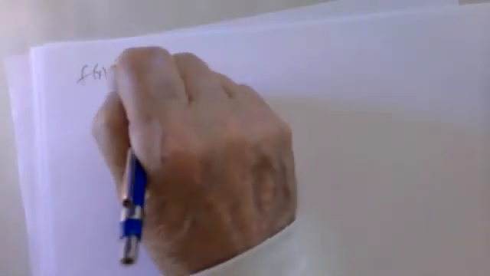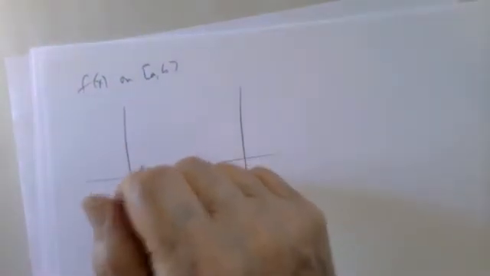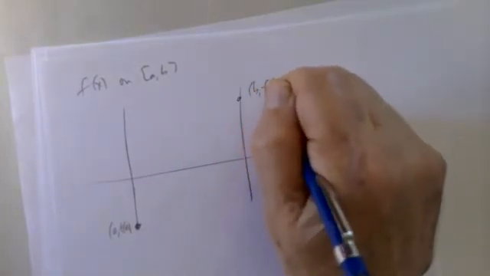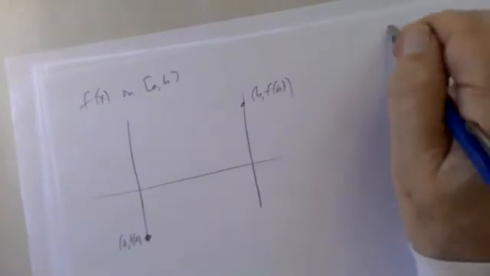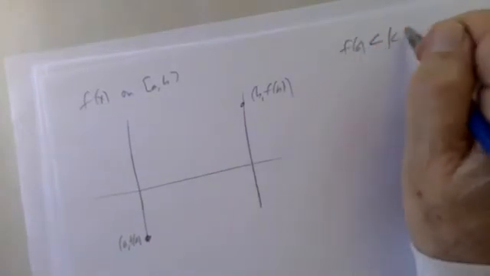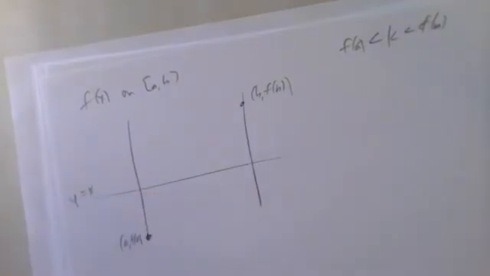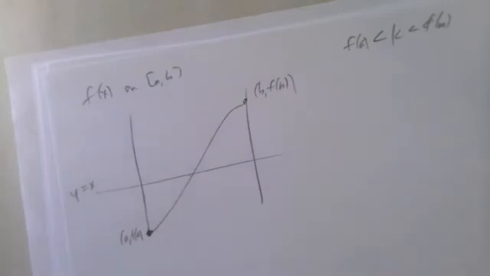in the general case, we have f of x on the interval from A to B. This is the point A comma f of A. And this is the point B comma f of B. And we take a number K between f of A and f of B. So this is the line y equals K. And the intermediate value theorem says as you go from this point to this point, you have to cross the line.